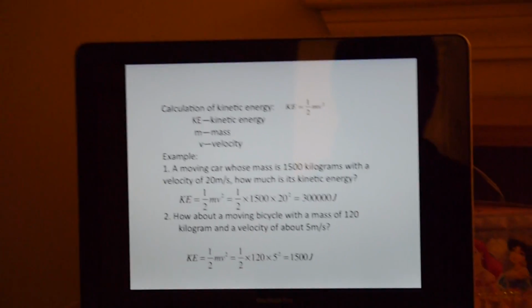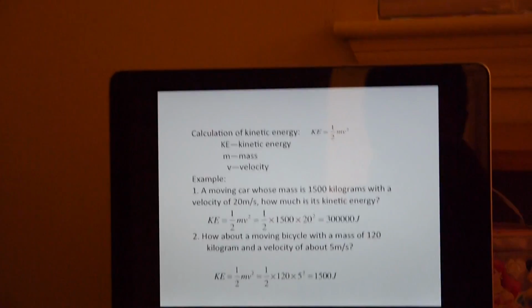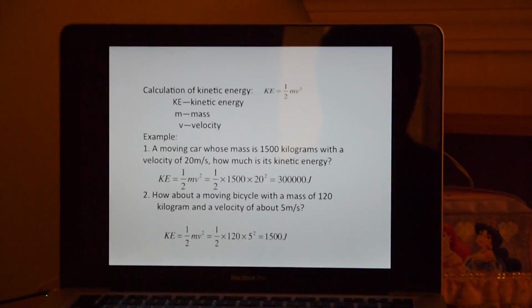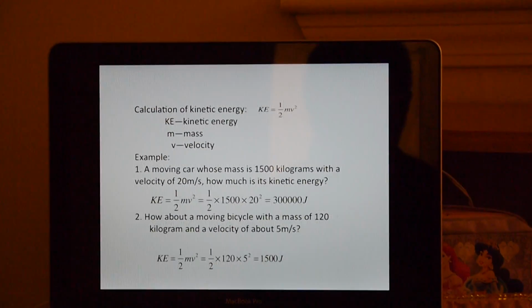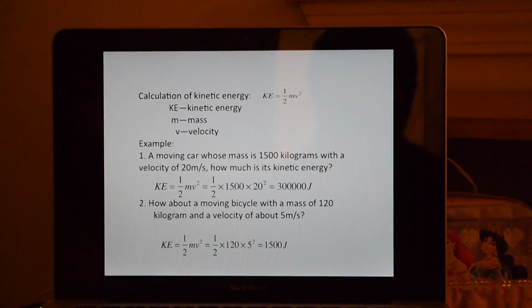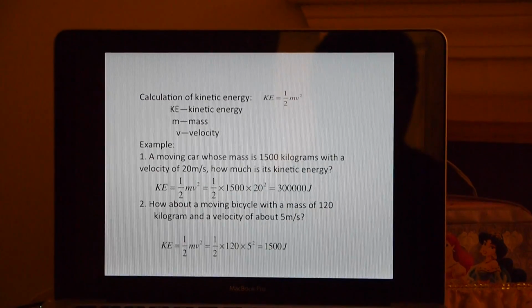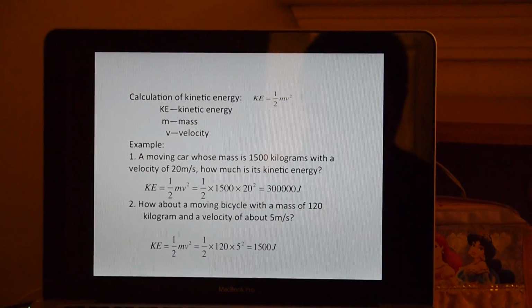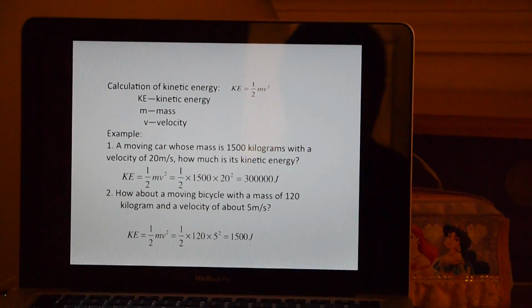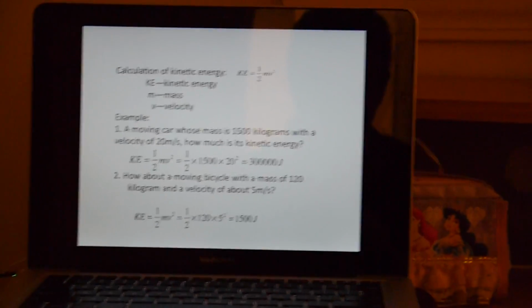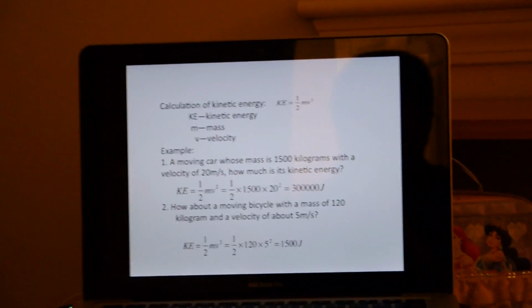So what is the kinetic energy of this bicycle? So we just do the same thing and we obtain the kinetic energy is about 1,500 joules, which is much less than the kinetic energy of the moving car.